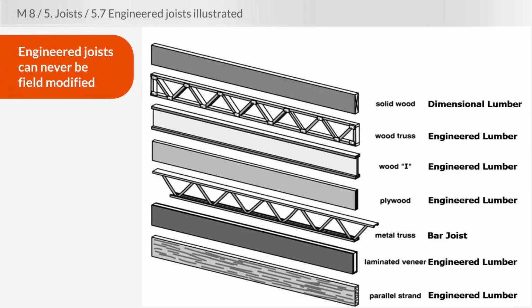And that brings us to engineered joists, which can never be field modified. Now, remember when I say field modified, I'm talking about changes to these components without the direction of a structural engineer. It's literally what we mean. So it doesn't matter if a homeowner does it, or a carpenter, or the heating guy, or the plumber.